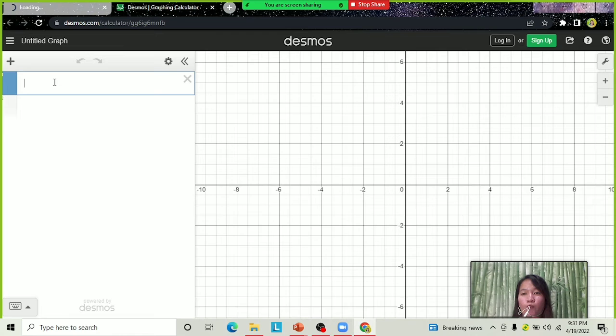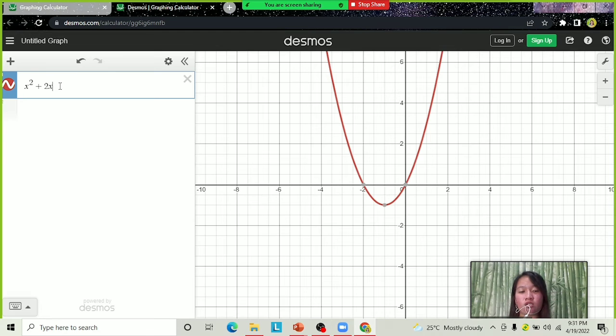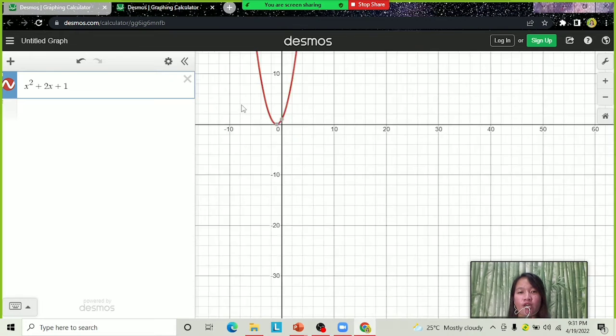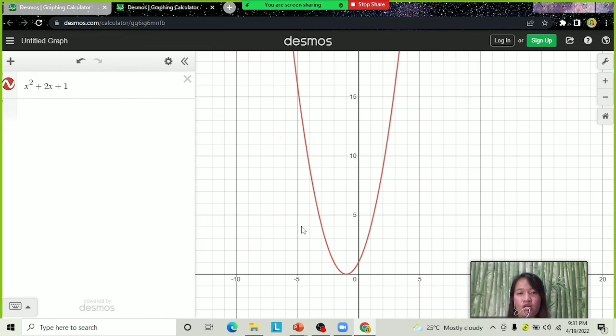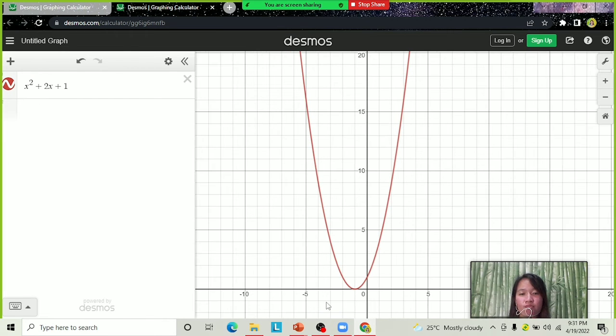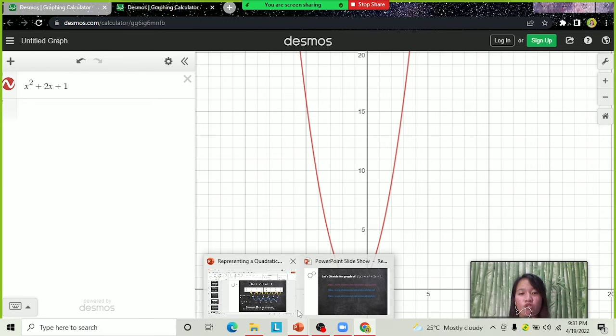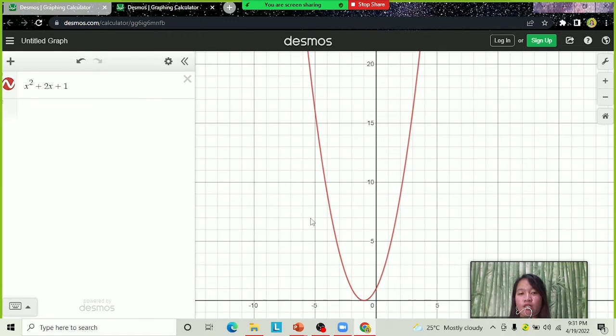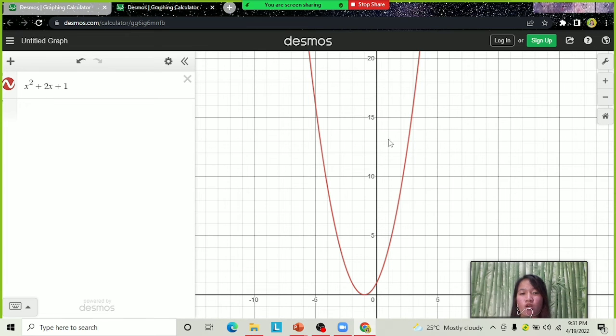To see the graphs, we will input our function. Our function is x squared plus 2x plus 1. Here, it is the same as what I have shown to you earlier. So here is our graph.